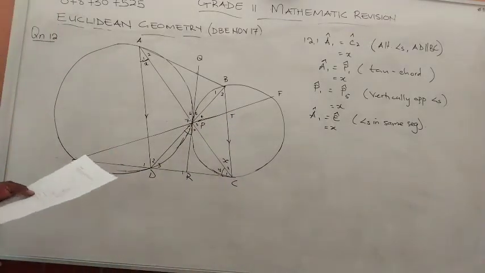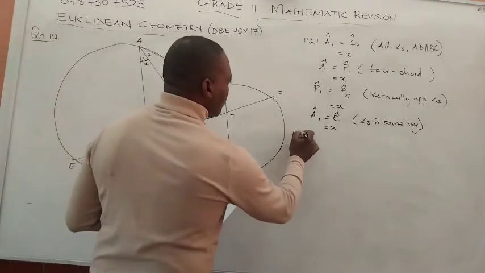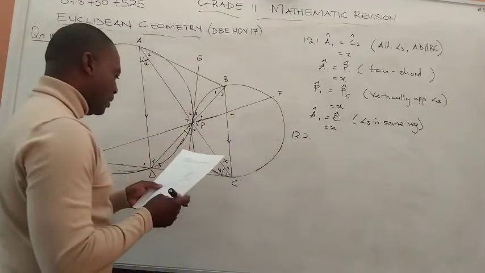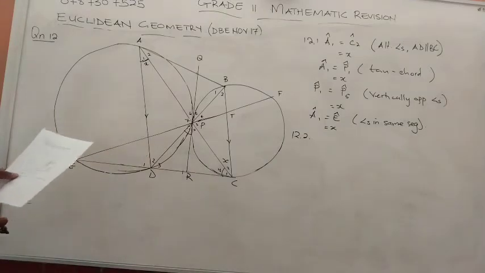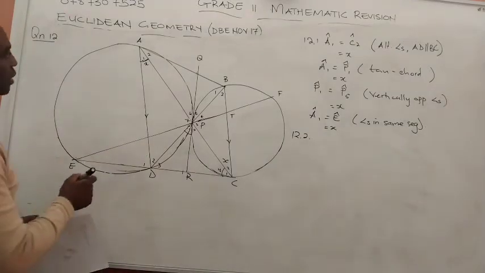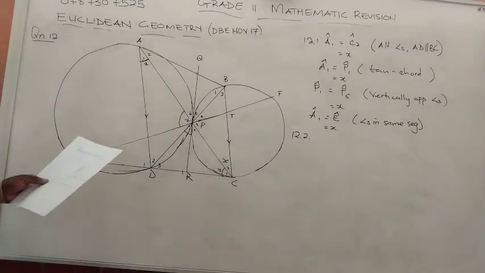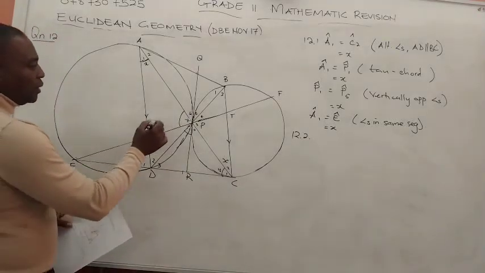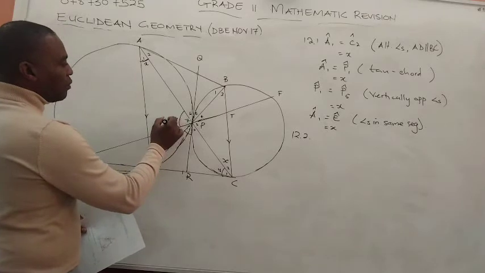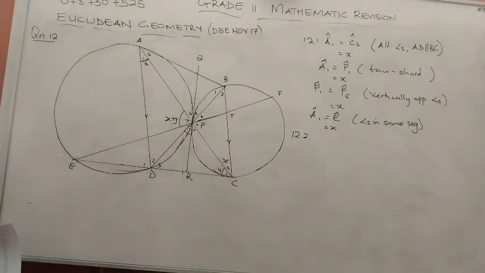Then 12.2, show that angle EPA, which is P7, is equal to x plus y. All right.